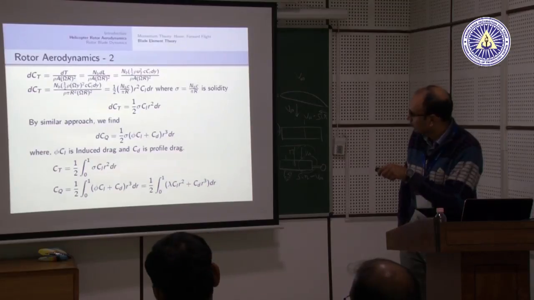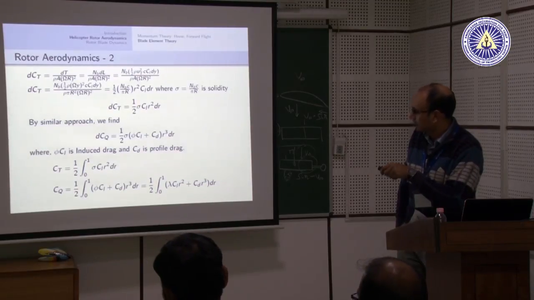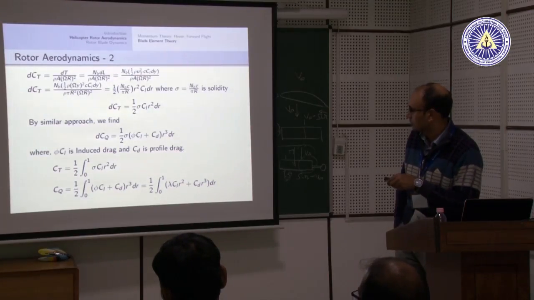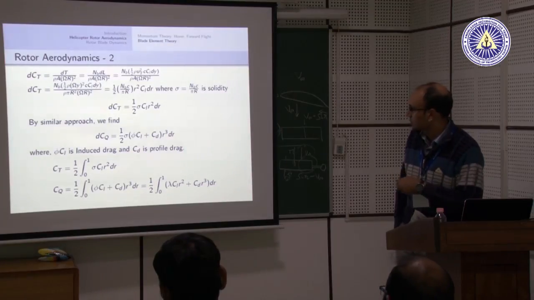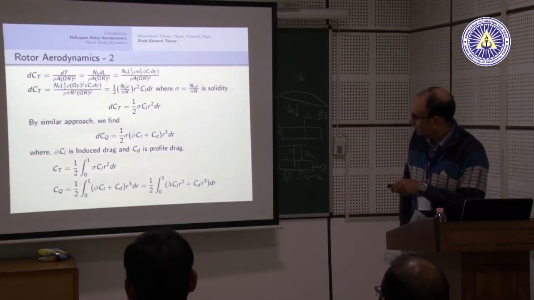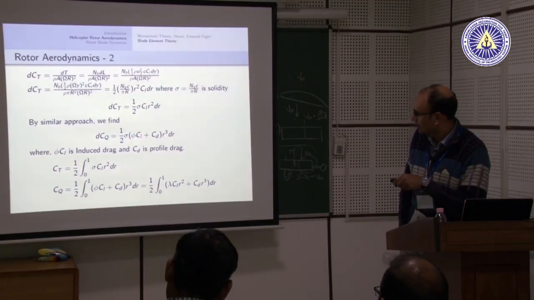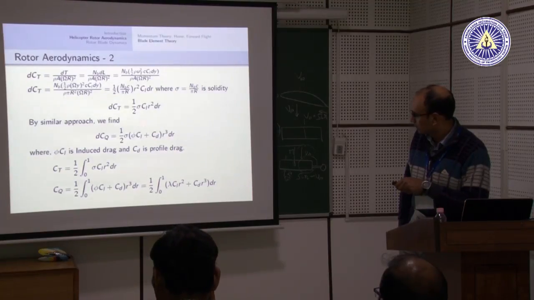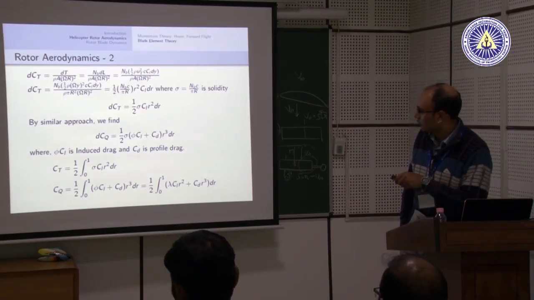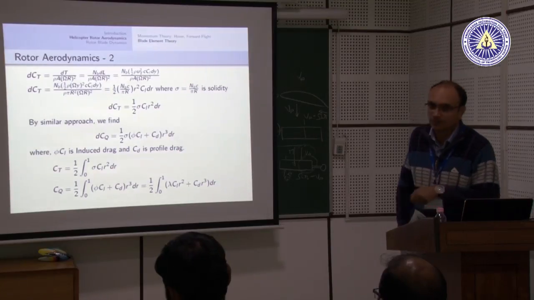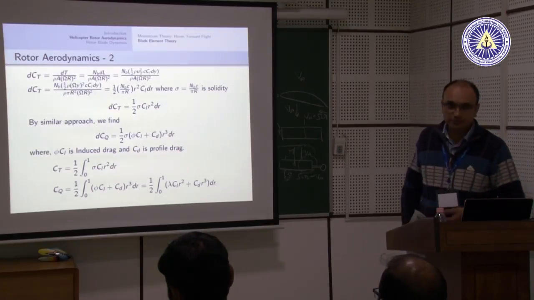Alright, so now we have a new definition for this dCT in a very nice compact form, half sigma CL into r square. CL is my lift coefficient. Similarly, I can write an expression for infinitesimal torque, half sigma into phi CL plus CD, where phi is my induced inflow angle and CD is my drag coefficient, into r cube dr. And now I integrate this from 0 to 1, because now we are in the non-dimensional domain.